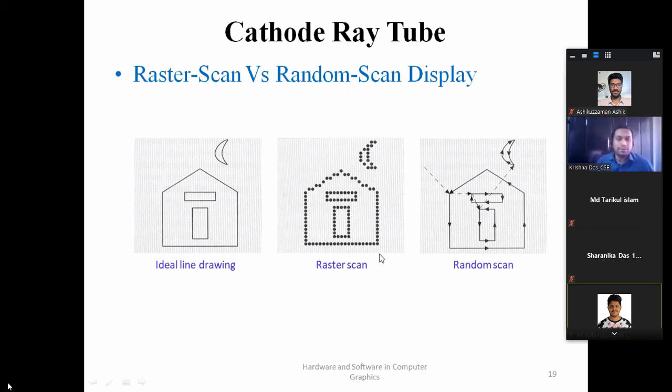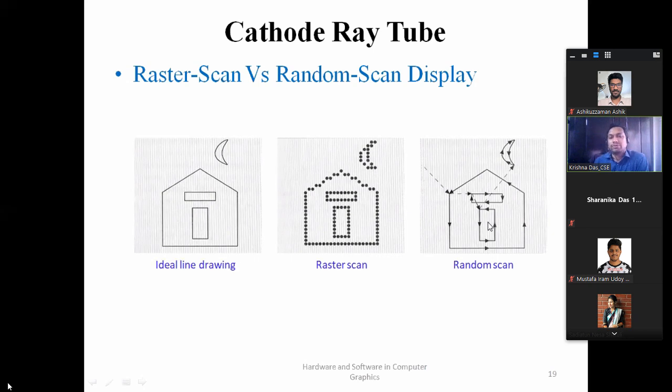Now, who can tell about the random scan, how it can be drawn? Shetuli, can you tell me? So what about this image on the right hand side?